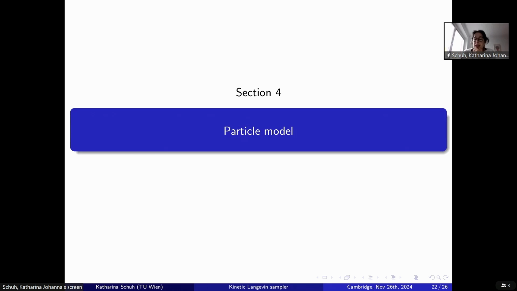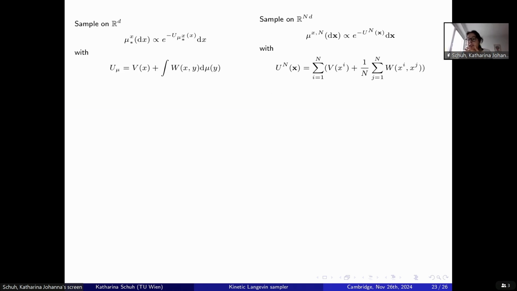So I will look at a high-dimensional measure and analyze this there, and also on a measure which is still on R^d, but which satisfies a very specific equation. Let me perhaps start with the particle model on the left-hand side.